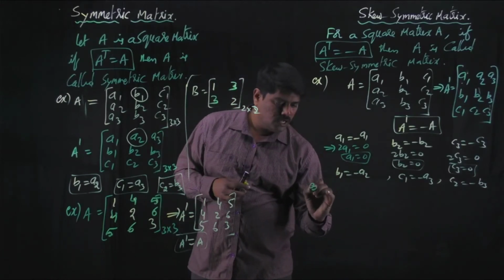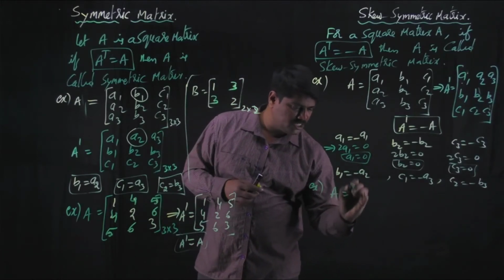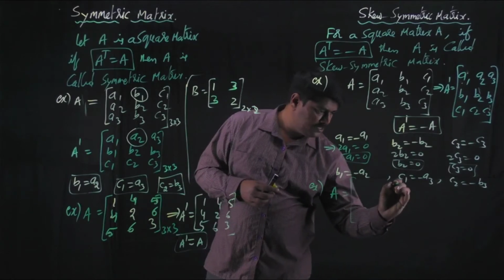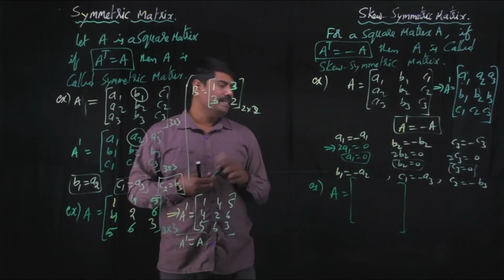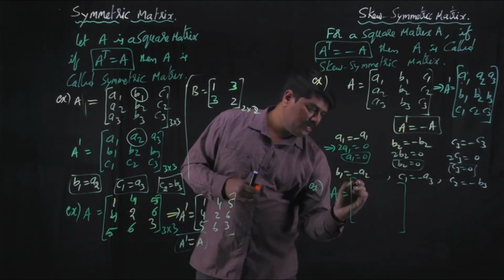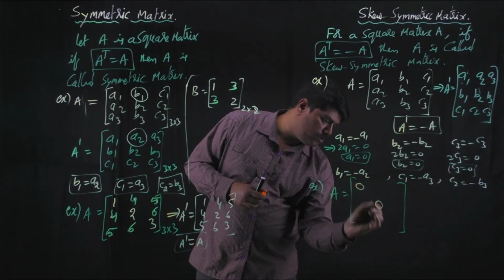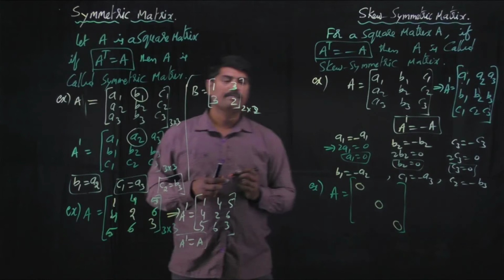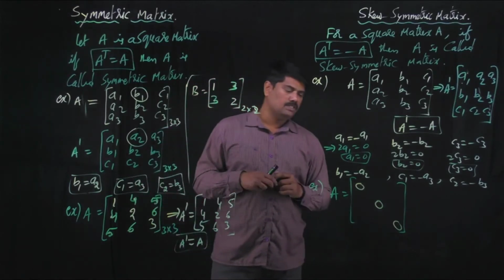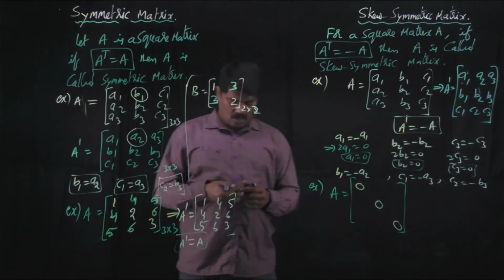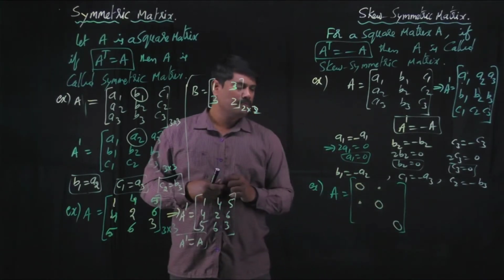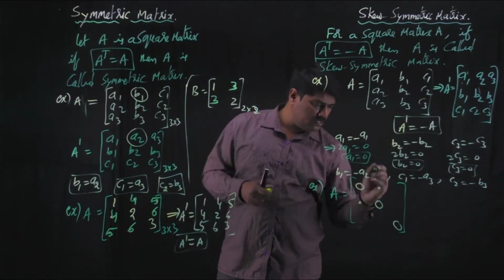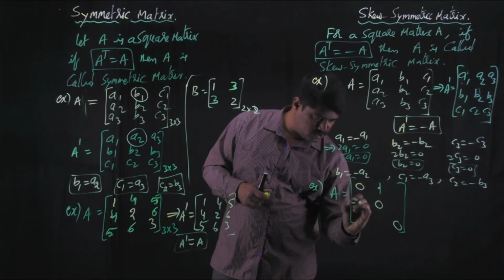Now observe this example. I am constructing a 3 by 3 skew symmetric matrix. While constructing it, diagonal elements have to be zeros: the 1 1 element, 2 2 element, 3 3 element have to be 0. Now discuss the 1 2 position and 2 1 position. If you take this one as 1, this has to be minus 1.